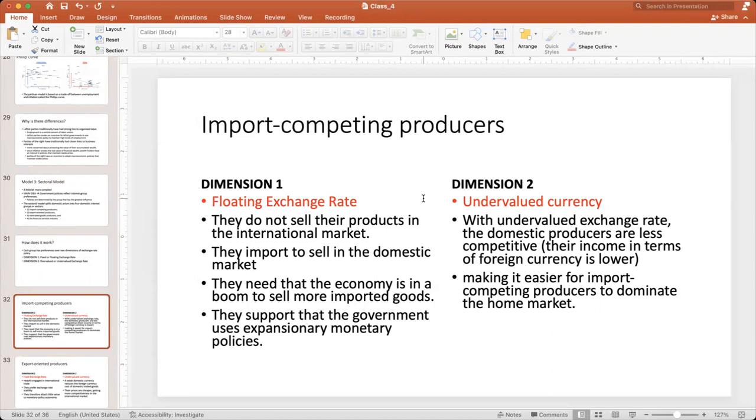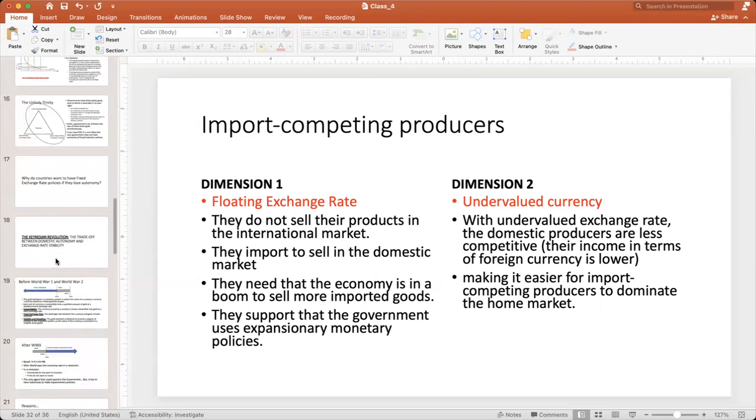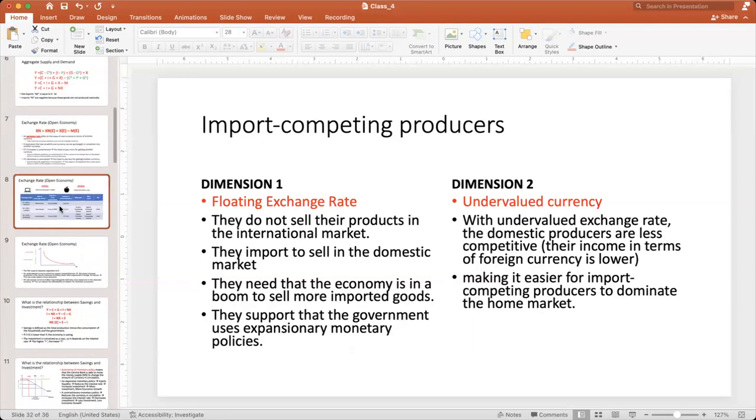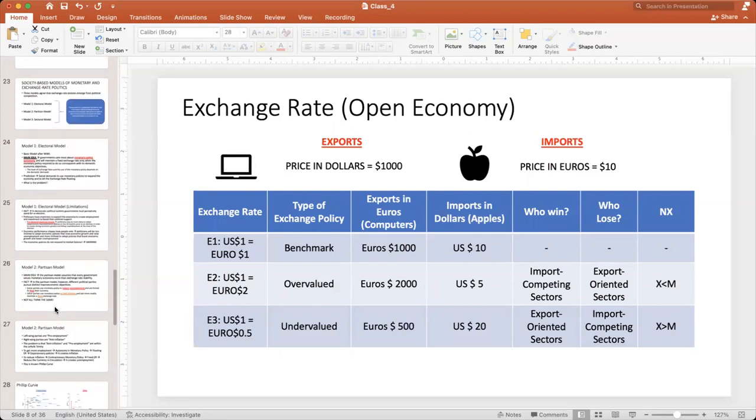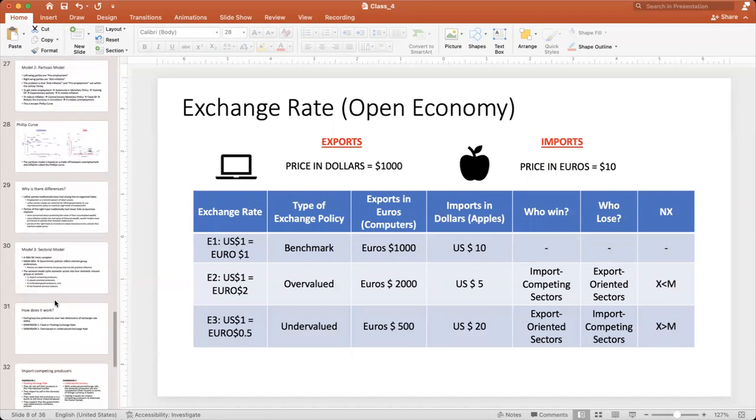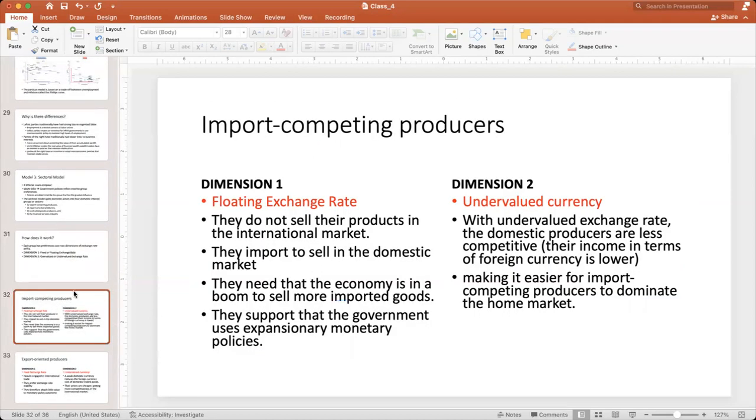However, they prefer an undervalued currency. They want an undervalued currency because it makes it easier for import competing producers to dominate the home market.